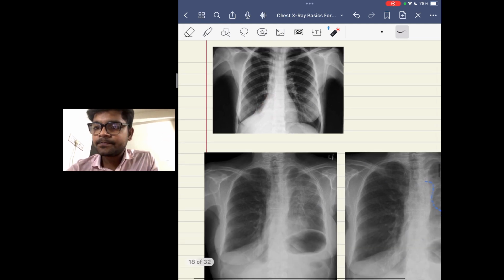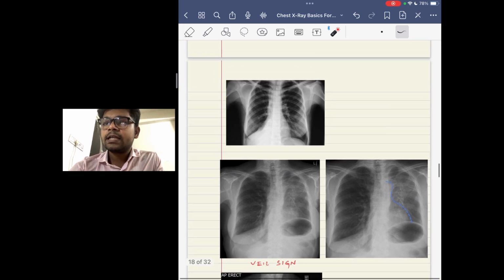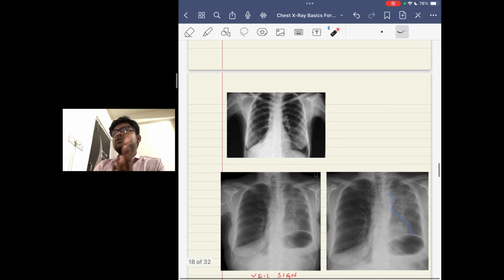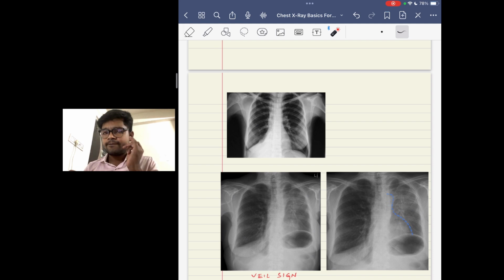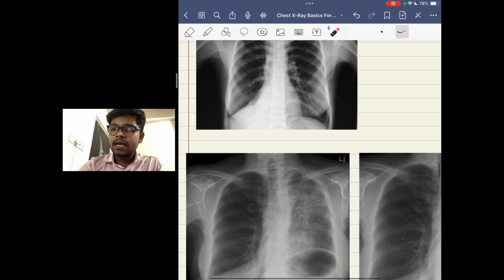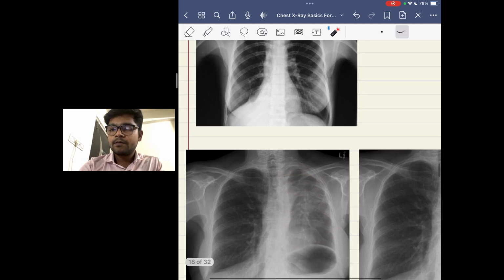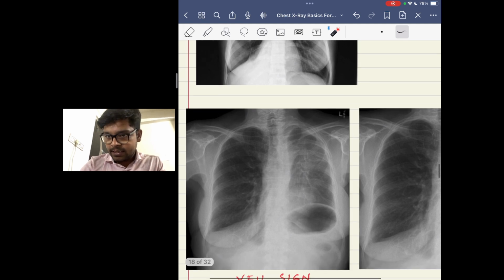Right. Now let us come to the left side. I hope by now you are habituated in exploiting the Silhouette sign. Very important in collapse and consolidation. Now this is the entire location of the left upper lobe, right? You can see that the left hemidiaphragm is traceable, but it is lifted upwards.